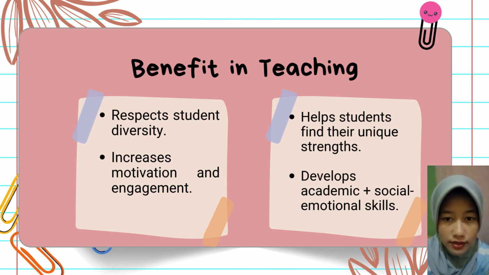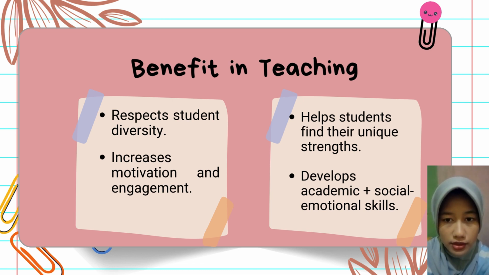Third, it helps students find their unique strengths. Through varied learning activities, students can discover what they are good at and build confidence in their abilities. This encourages a positive learning identity. And finally, it develops both academic and social-emotional skills.